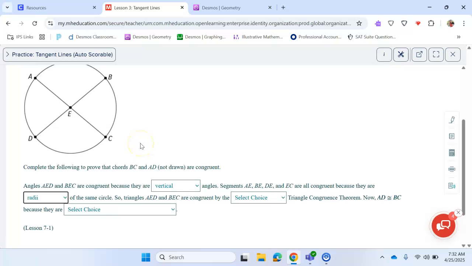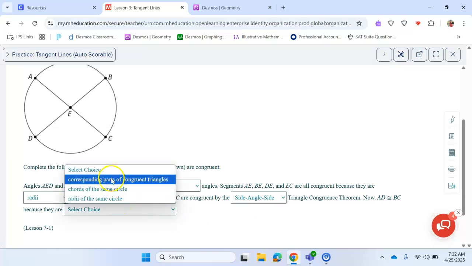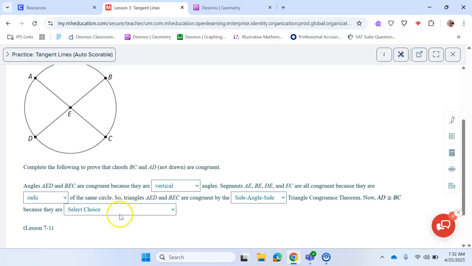So triangles AED and BEC are congruent by side angle side, since the vertical angles are congruent and these two sides are congruent to these two sides. Now AD and BC are congruent because they are corresponding parts of congruent triangles.